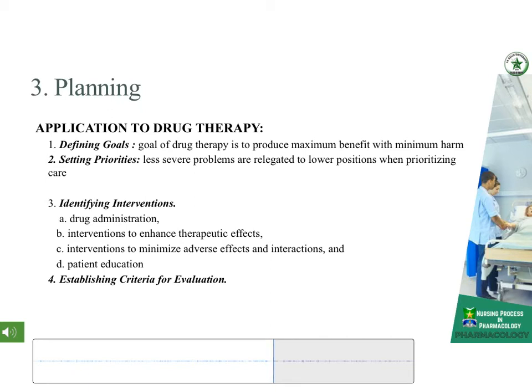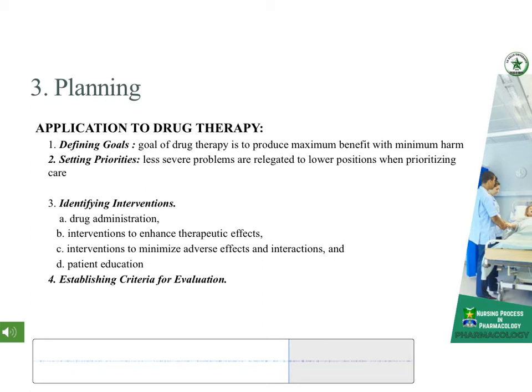Next to that is establishing criteria for evaluation. That's another application of the planning phase in terms of drug therapy. So the need for objective criteria by which to measure desired drug responses is obvious.